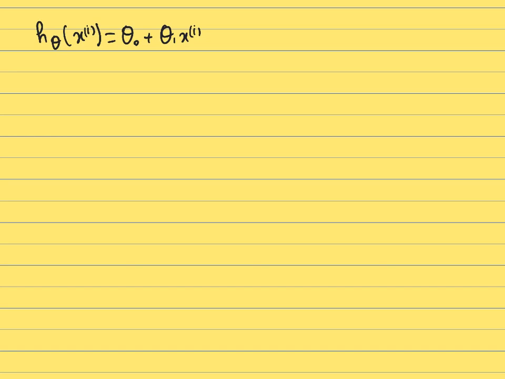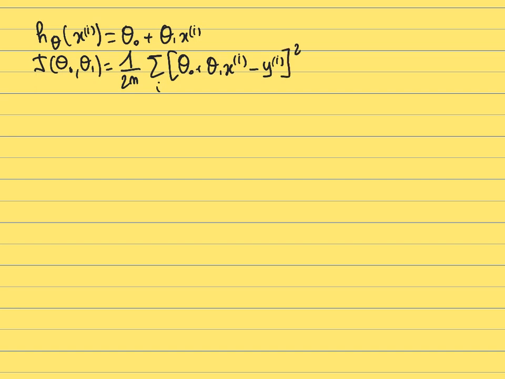Which means that the cost function associated with a linear model can always be written as 1 over 2m times the sum over all the training examples of theta naught plus theta 1 times x_i. So this is your hypothesis, the predicted value of your model, minus the true value y_i, which is the true value based on the training example, and then you take the squared difference.